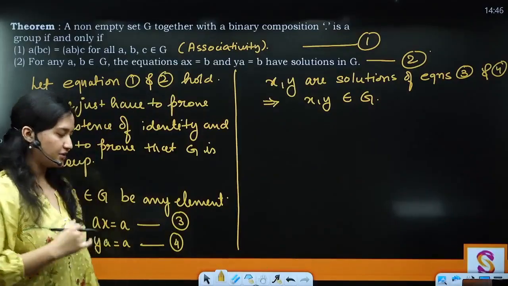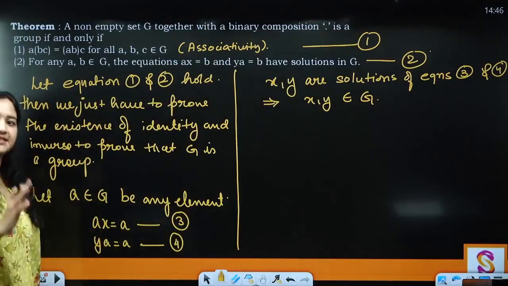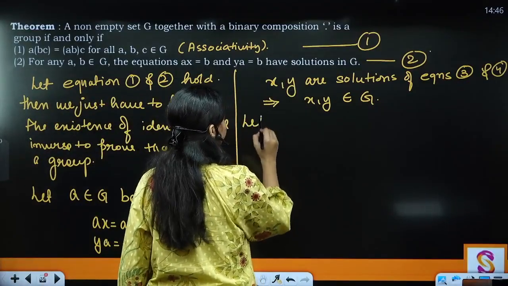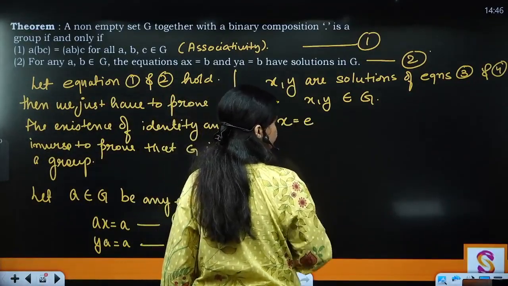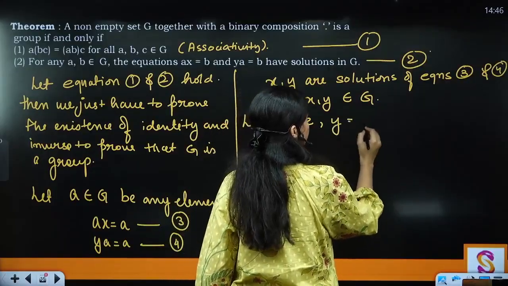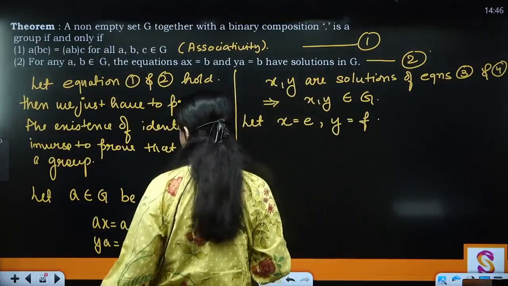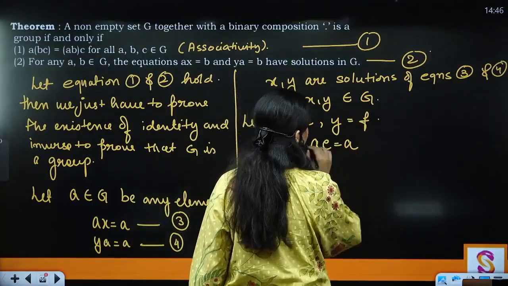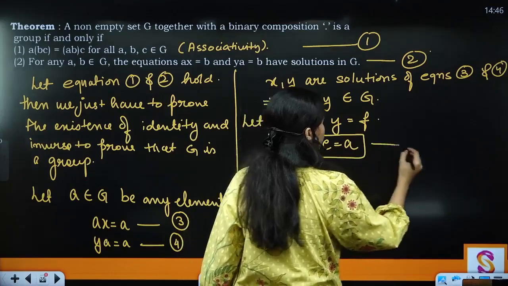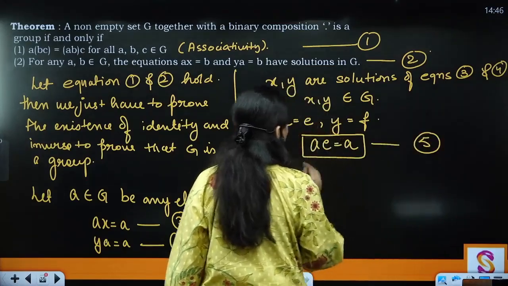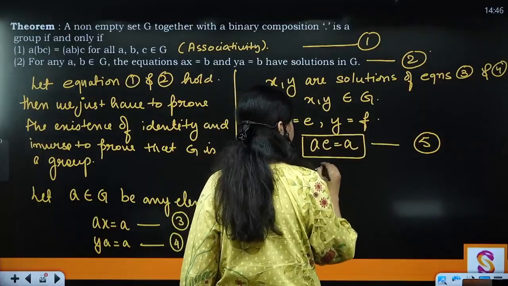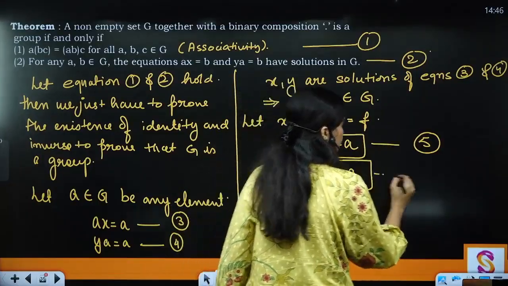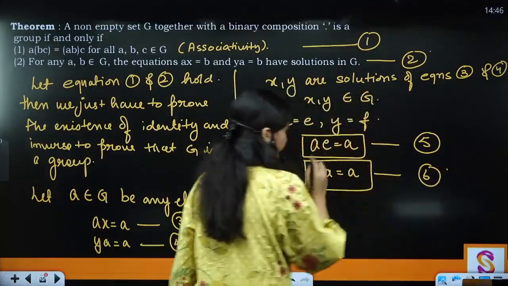If x and y are solutions of these two equations, that means x and y are going to belong to the group only. Now let x equal E and y equal F. Now what do these equations form? This is going to be AE equals A, let me name this the fifth equation, and FA equals A, let this be the sixth equation, right?